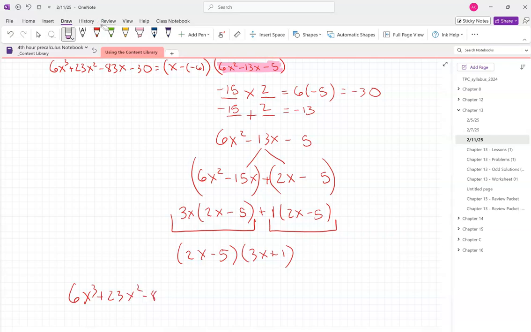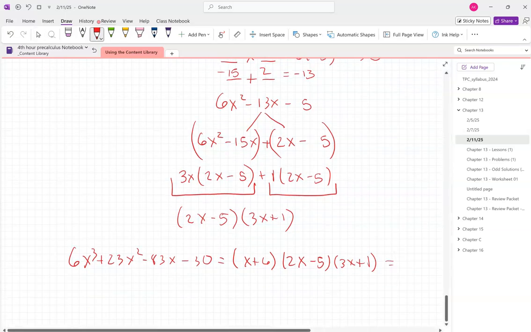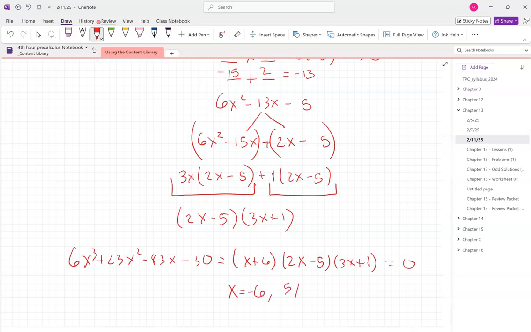So that allows me to say that this polynomial now factors completely: 2x plus 6 times 2x minus 5 times 3x plus 1. And if I set this equal to 0, I get my solutions as -6, 5/2, and then -1/3 by setting each factor equal to 0.